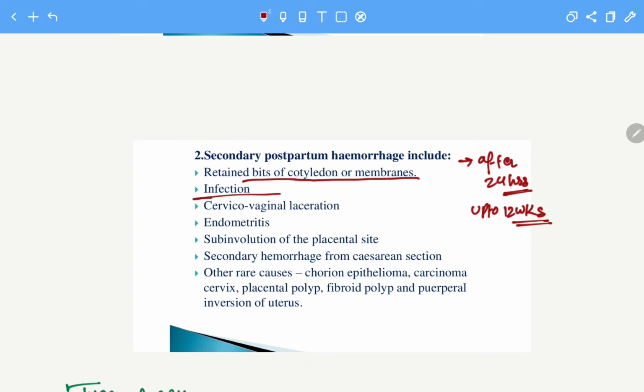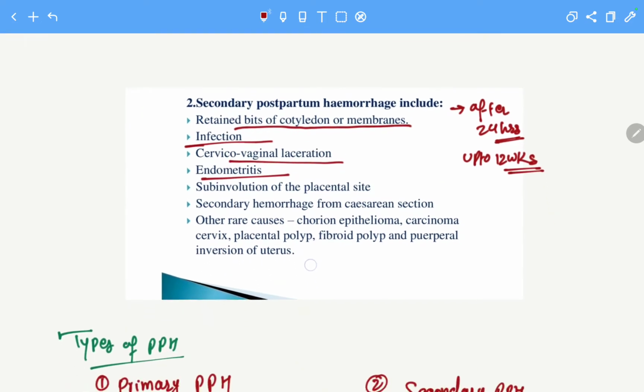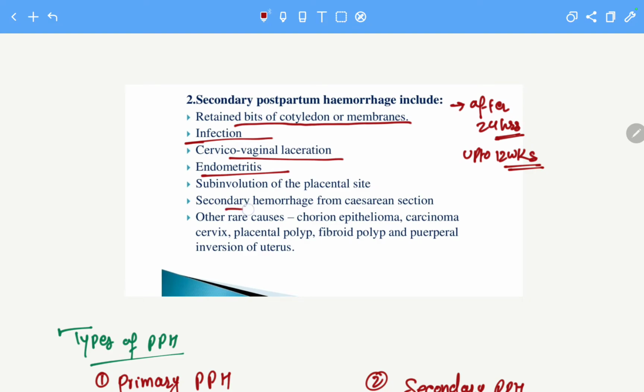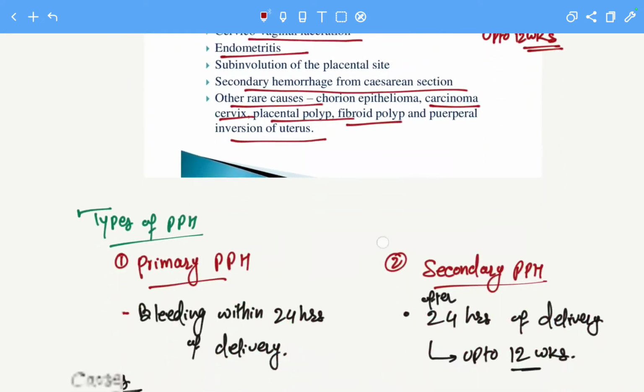If there would be any infection, cervico-vaginal laceration, endometriosis, right, secondary hemorrhage from the cesarean section, and some other causes are mentioned here like fibroid polyp, inversion of the uterus, carcinoma of the cervix, placental polyps. These all can lead to the secondary PPH. Okay, I am not going to discuss all these again, I have mentioned here already.